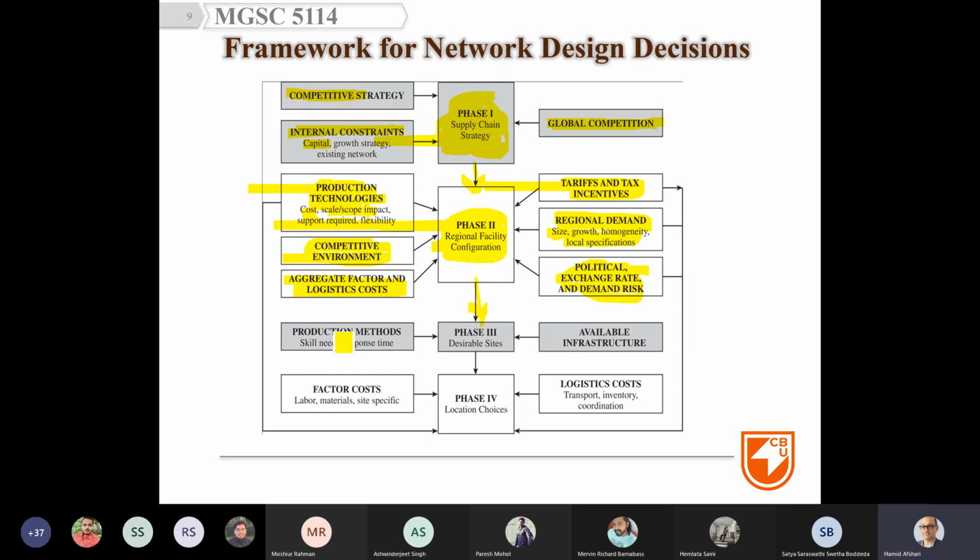What should you do in phase number 3? Desirable sites. In this case, you will search about production methods, skills needed, response time that is required, and available infrastructure. You will think about the different options available in the local areas you have shortlisted, and decide which provides better value in terms of desirable sites.